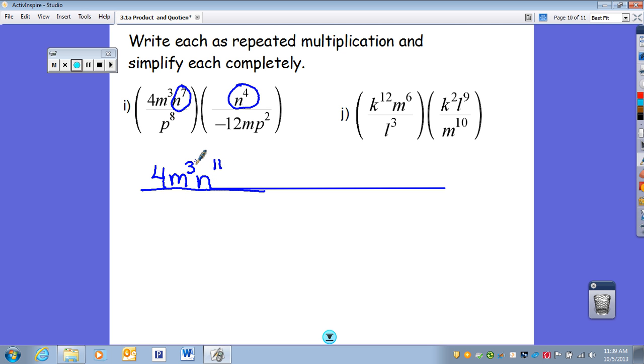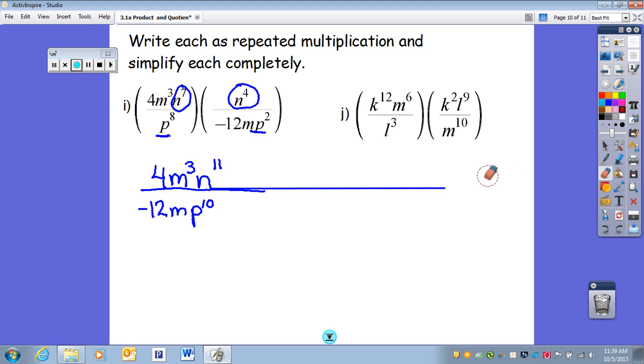In the denominator, I'm going to put all of this together by multiplication. So I'm going to start with my leading coefficient, which is negative 12. Then I have an m, and then I have 2 sets of p's that I'm going to combine together by multiplication. Remember, when we combine them together, there are 8 p's and 2 p's, so I can simply add the exponents, which gives me 10.